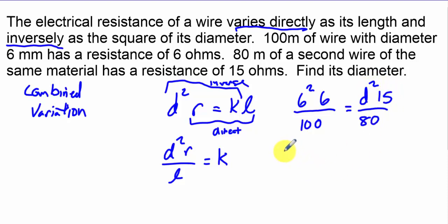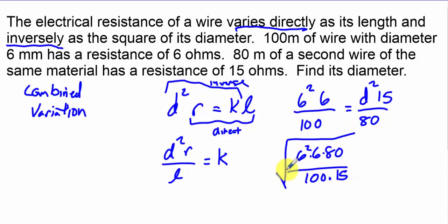So in order to solve this, I'll multiply by the reciprocal of the second term and then square root. So I have 6 squared, 80 over 100 times 15, and all that will be square rooted to find my diameter, which should be in, what, millimeters.